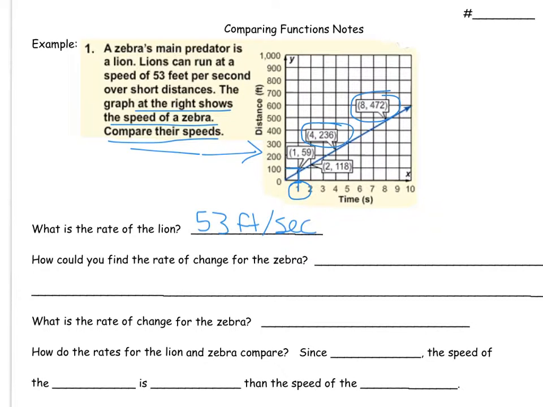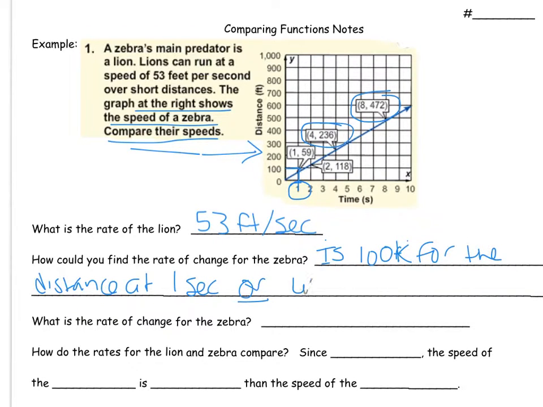So one way we could do this is look for the distance at 1 second, or use 2 points to find slope.